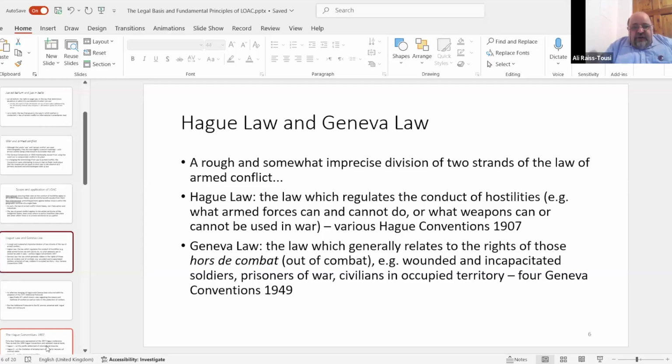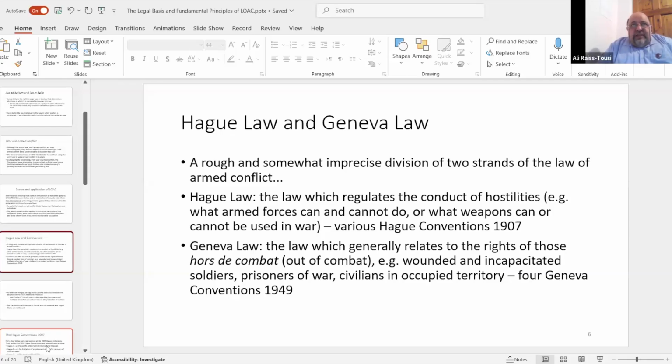Geneva law, however, today is based upon the 4 Geneva Conventions negotiated, agreed, and signed in the immediate aftermath of World War II in 1949, but they have a history longer than that. And Geneva law does not deal with regulating the conduct of hostilities. It deals with the rights of people who are not in combat.